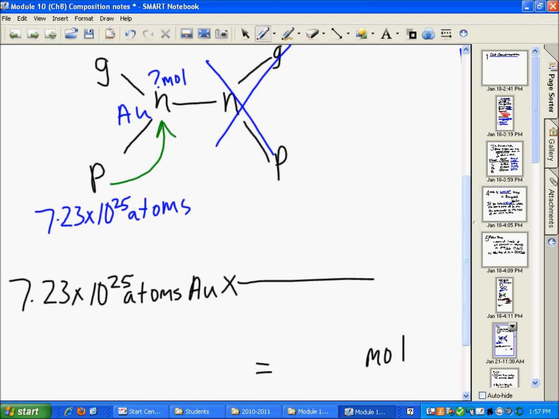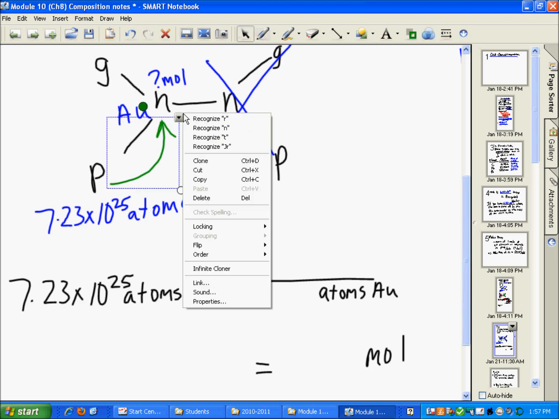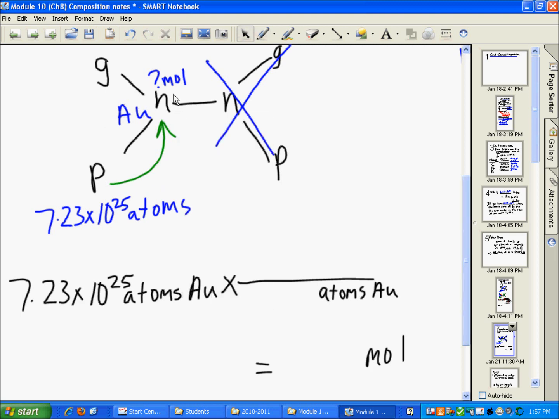So what unit has to go in the bottom in our conversion factor? Atoms of Au, so that we can cancel them. So that goes on the bottom. What unit should go on top? Mole, because at the end of our step we will be at the N, and N has units of moles, and that's what we want for our target. So moles will be on top.